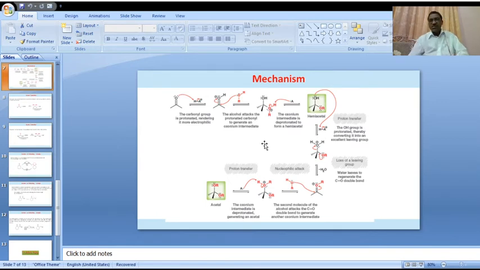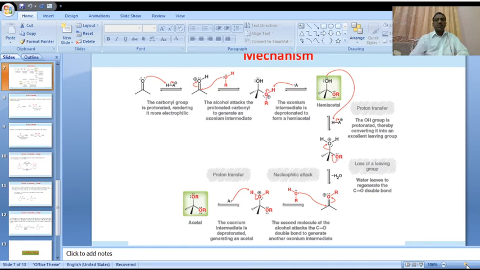Here, this is the actual mechanism. Please concentrate. The carbonyl group is protonated, rendering it more electrophilic.